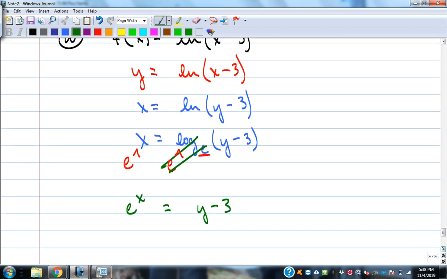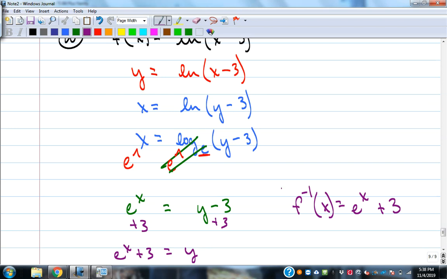And that's stinking easy to get y by itself now because we got rid of the log. All I got to do is add 3 to both sides, and I've got y by itself. So that's e to the x plus 3 is equal to y. And that is my inverse, in function inverse notation, e to the x plus 3.